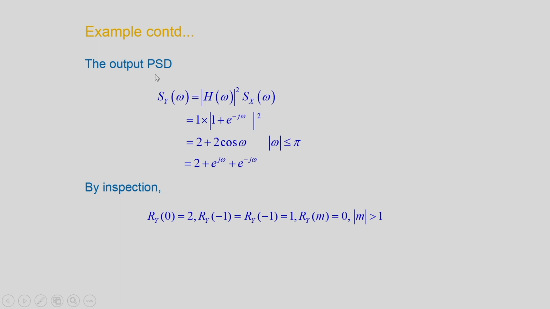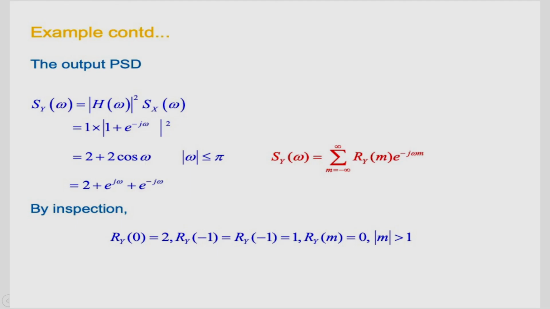Now we can find the output PSD. The output PSD is given by Sy of omega equal to mod of H of omega squared into Sx of omega, and we know Sx of omega is equal to 1, and H of omega is 1 plus e to the power minus j omega.